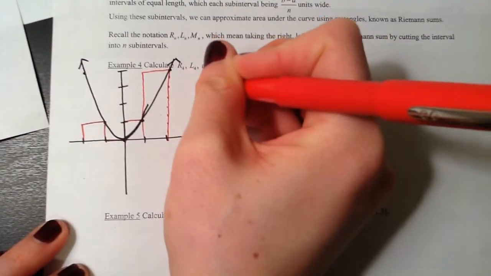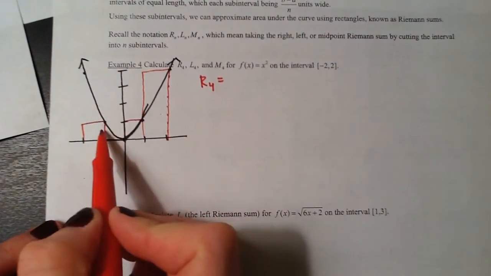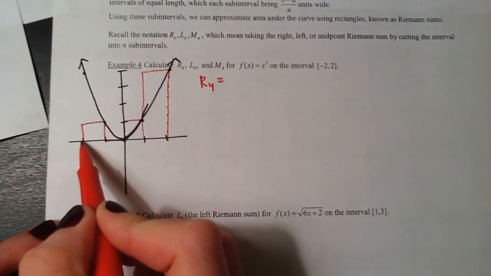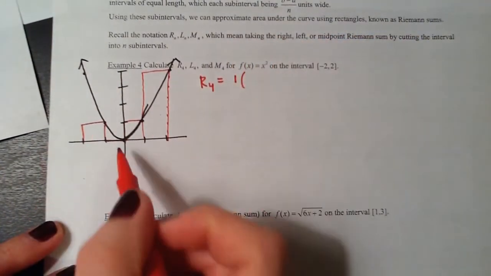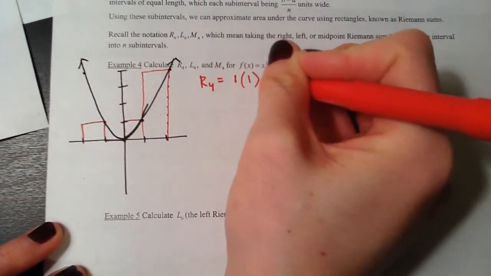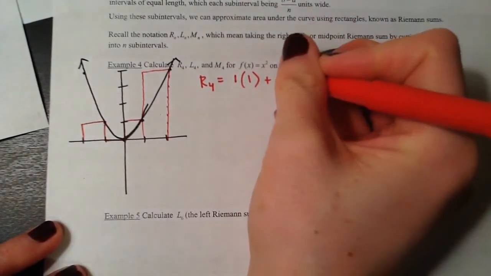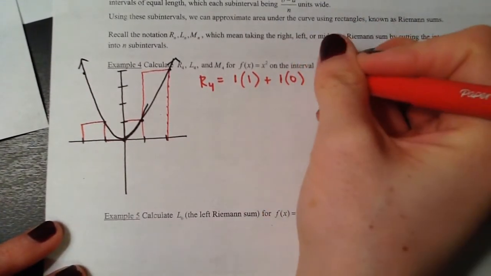So R4. What we do is we add up the area of all of these rectangles. So here we use the right endpoint. So we're going from -2 to -1, which has a width of 1, and then a height of, we use this height, the right endpoint's height, which is 1, plus from here to here, another width of 1. And then this has a height of 0, because we use the right height.